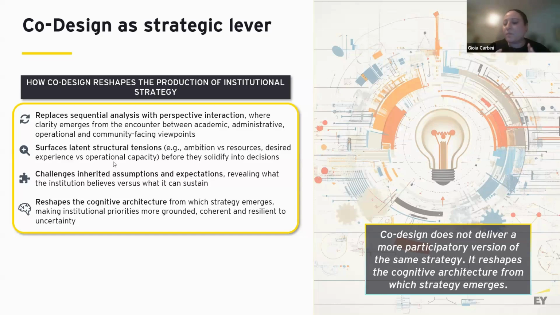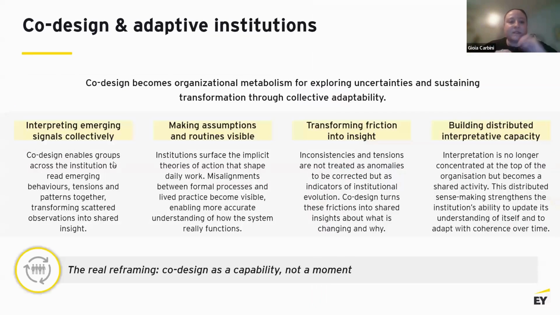So from what we know to what we want the strategy to be. And so this is why co-design becomes closely linked to what we call adaptive and learning-oriented institutions, because it strengthens the very capabilities that define what I think is institutional learning.